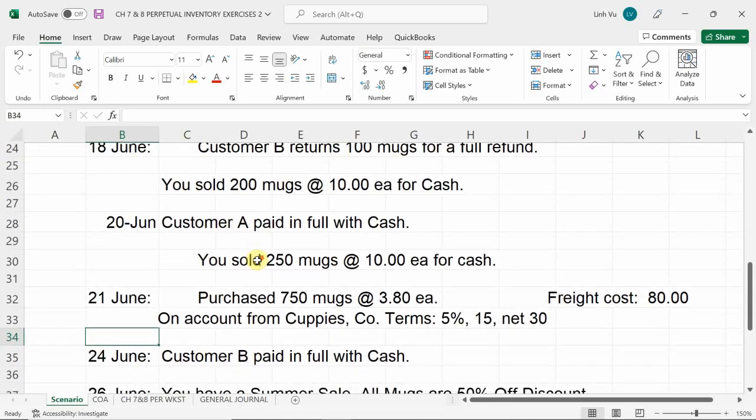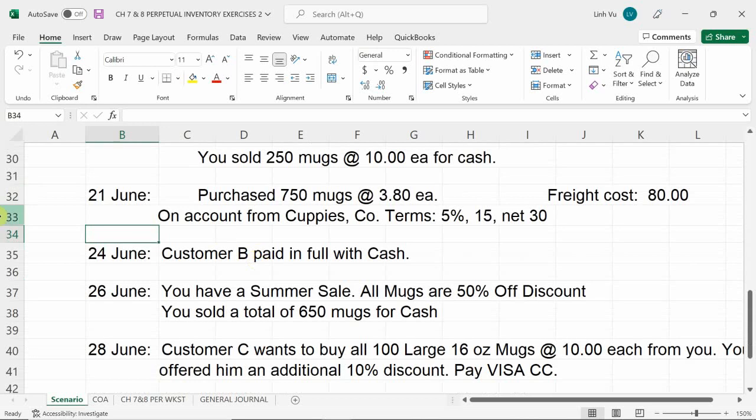Okay. And then the last batch of inventory I purchased was on the 21st here for the 750 mugs. No returns or allowances were made. So in this case, 750 in full. They give me a 5% discount if I pay within 15 days.